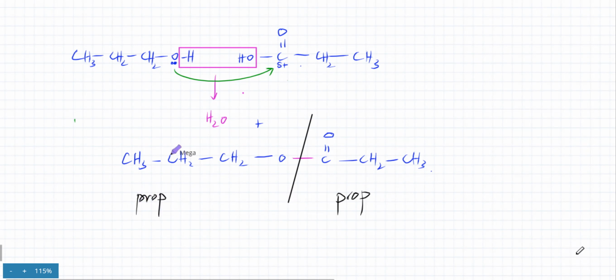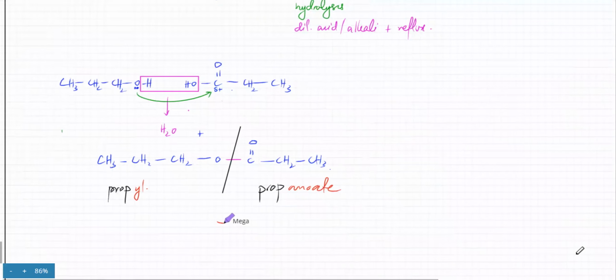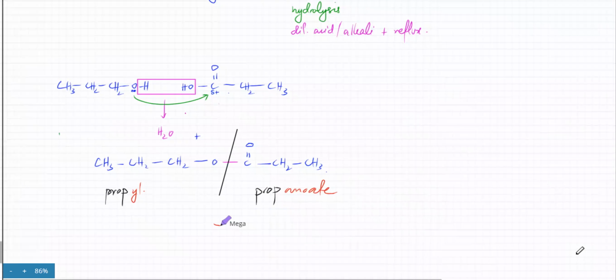And then you give the suffix. For the double bond O side, the suffix is oate. And for the single bond O side, the suffix is propyl. So it's going to be propyl propanoate, the name of the molecule. That's how esters are named.